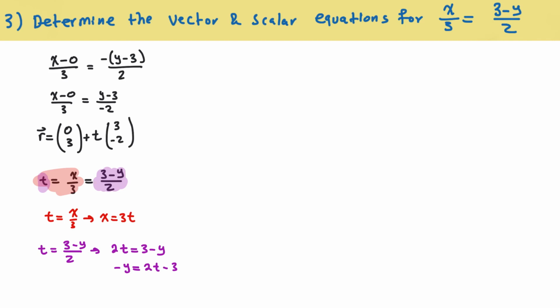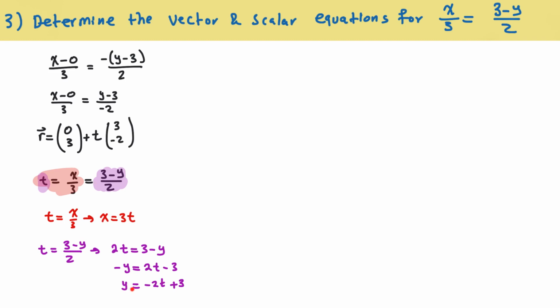And then I'm going to multiply both sides by negative 1 to get y is equal to negative 2t plus 3.